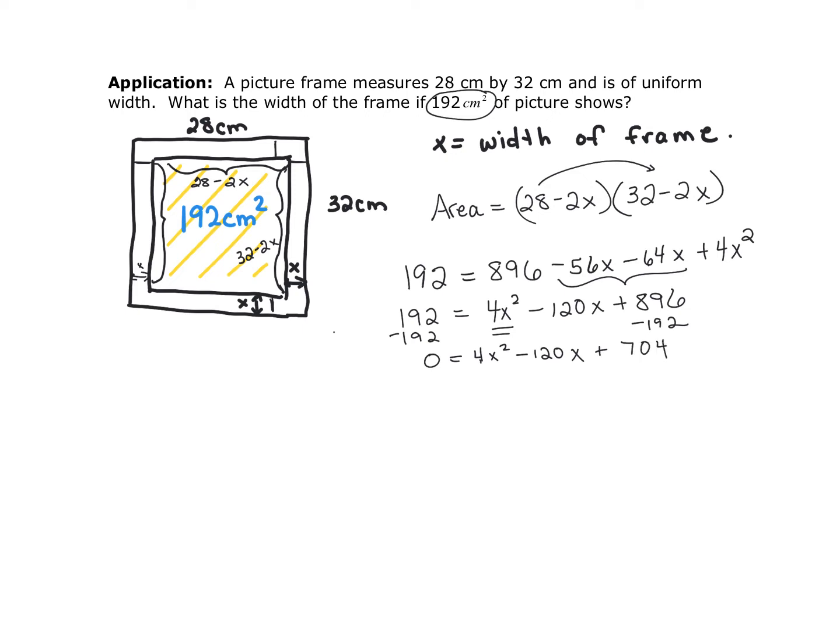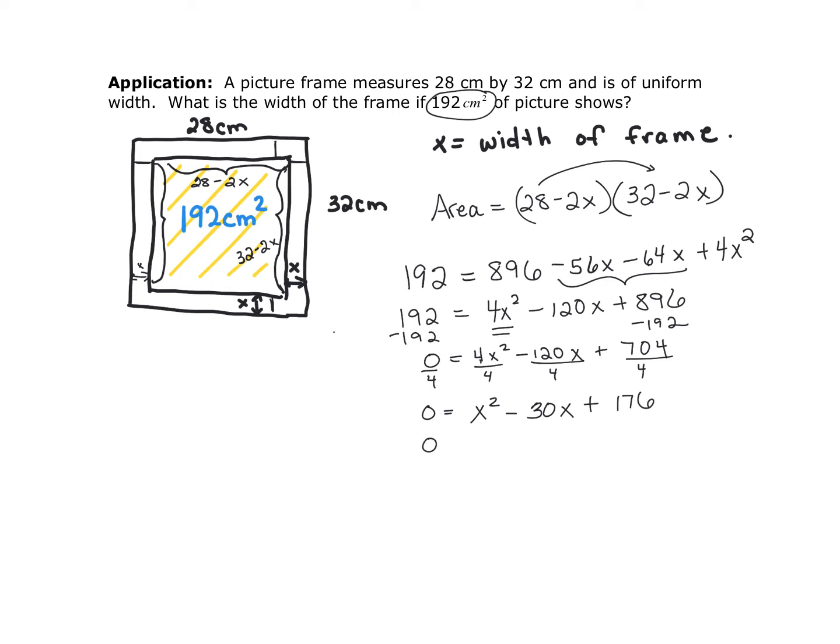All right. I don't know about you, but I notice immediately that these are all divisible by 4. So I am going to divide through everything by 4. That's going to make my numbers smaller. X squared minus 30x plus 176.